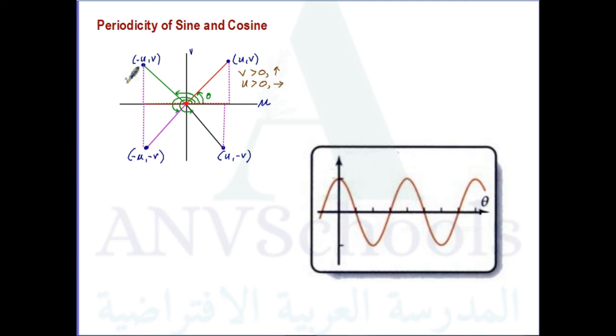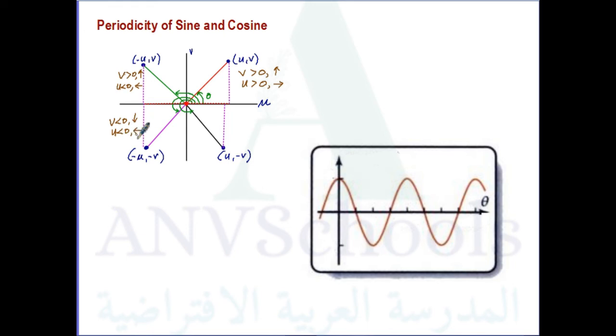And in here, our V is positive, and it's also increasing, so it's going up. But our U is negative, and it's going to the left. Here, our V is negative, it's going down, and our U is negative also, it's going to the left.